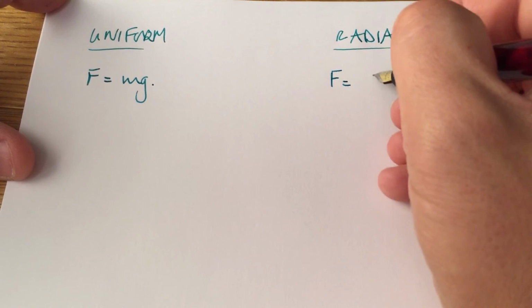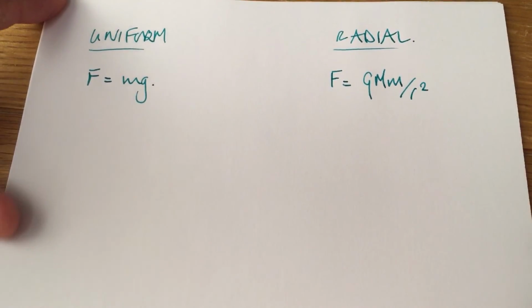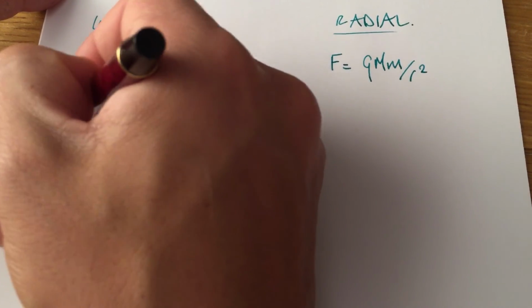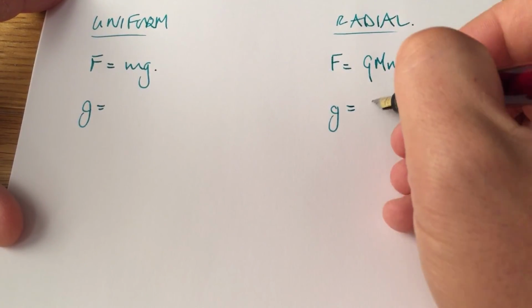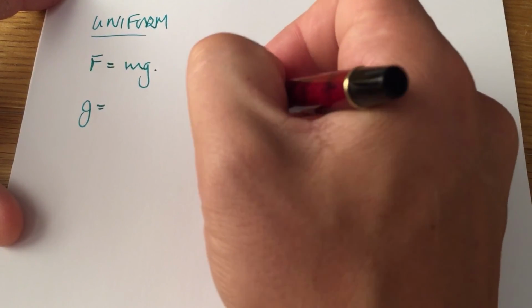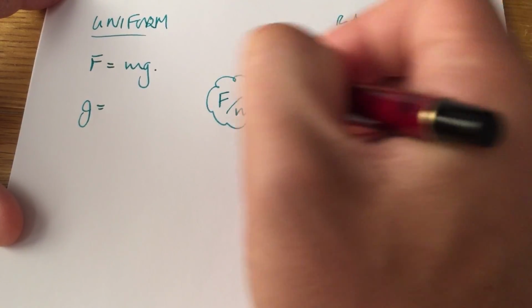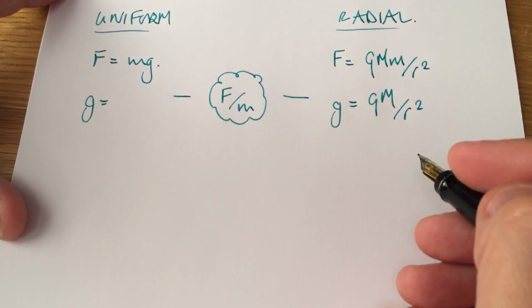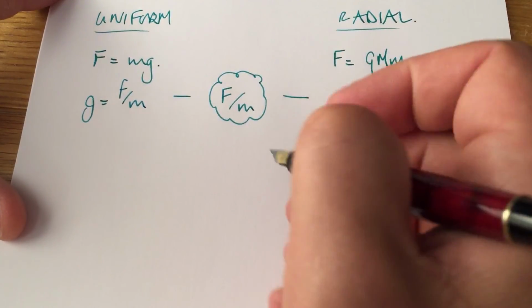The force for a radial field is GMm over r squared. The field g is given as linear. Field g here is GM over r squared. In other words, this is the force per unit mass. That is what g is, F over m, if you like.